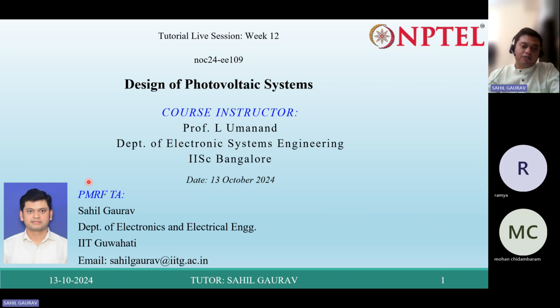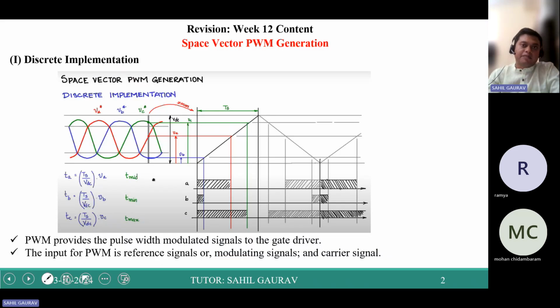We will see all these things and subsequently solve the problems also. Earlier we used to solve problems at the end, but today we will solve some problems after completing each part. So let us begin with space vector PWM generation.